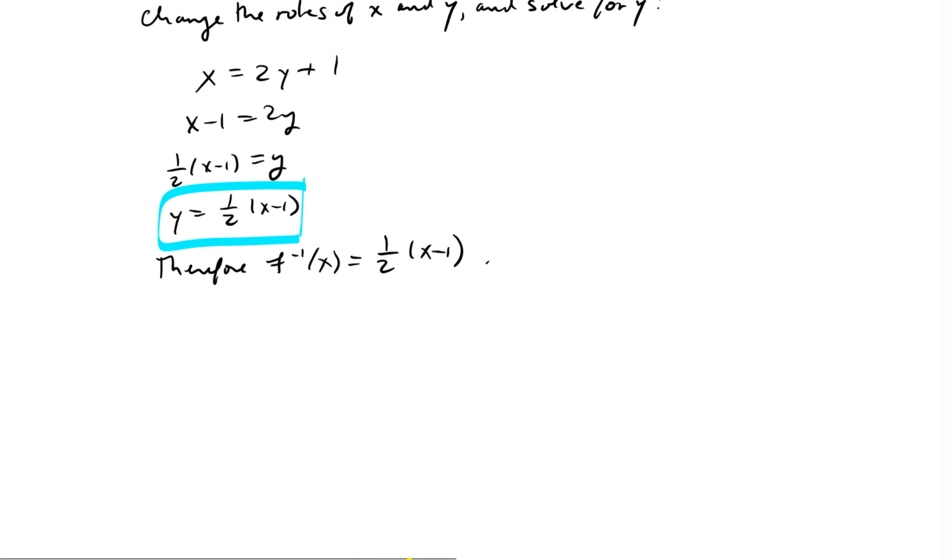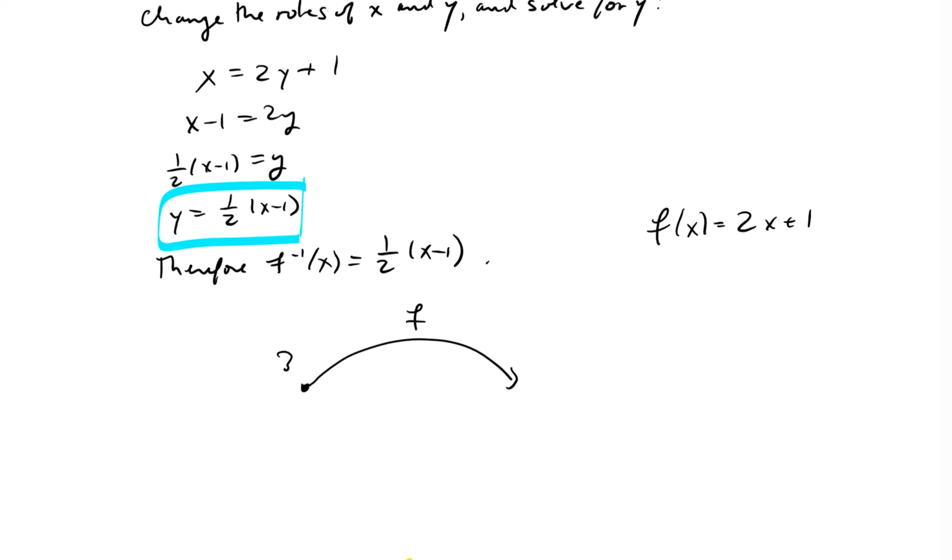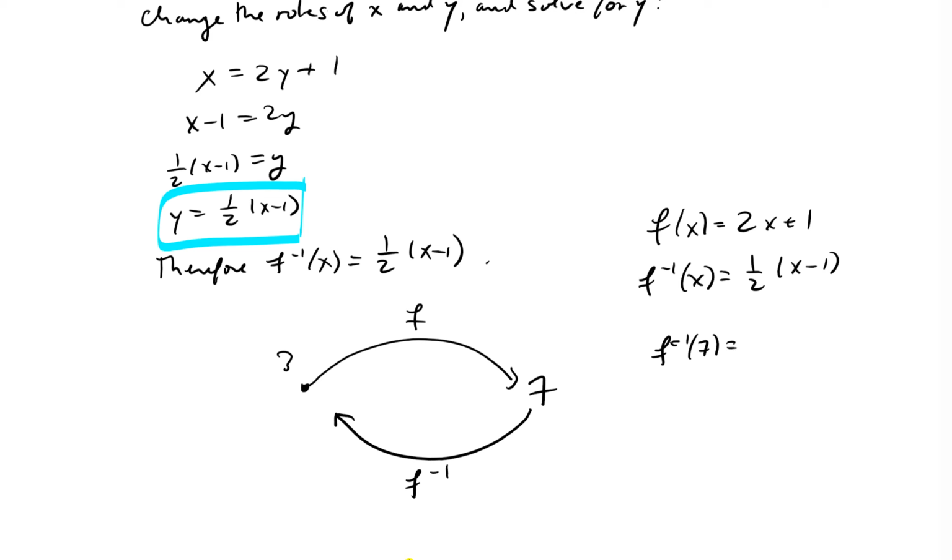Just to remind you, for example, if you've got 3 and you apply f to that, what are you going to get? f of x is 2x plus 1. So we get 2 times 3 plus 1, we get 7. F inverse of x is 1/2 x minus 1. So if I do f inverse of 7, I get 1/2 of 7 minus 1.